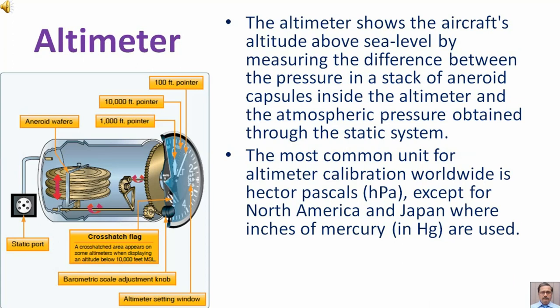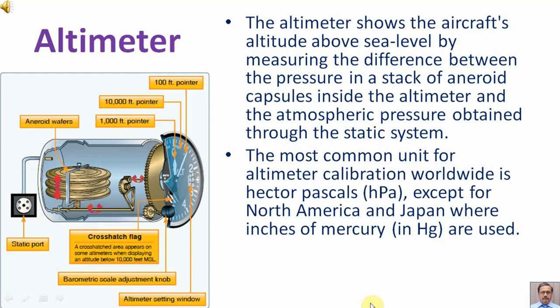The altimeter shows the aircraft's altitude above sea level by measuring the difference between the pressure in a stack of aneroid capsules inside the altimeter and the atmospheric pressure obtained through the static system.